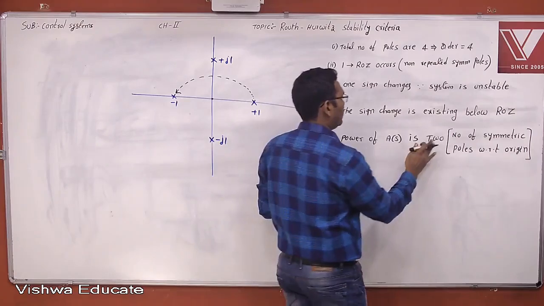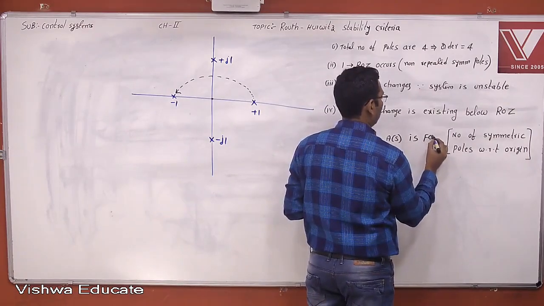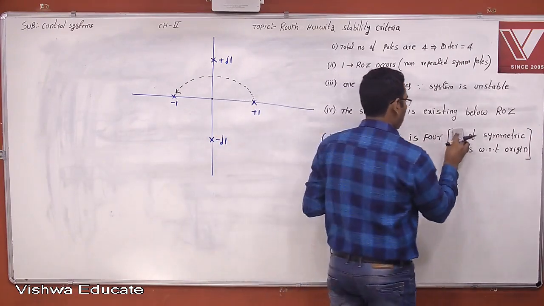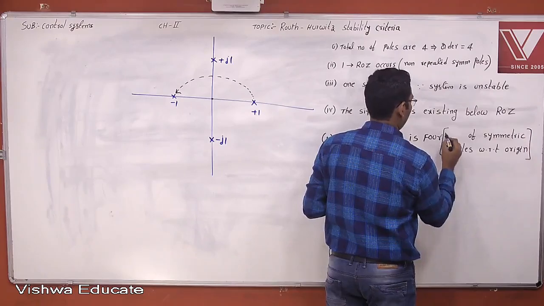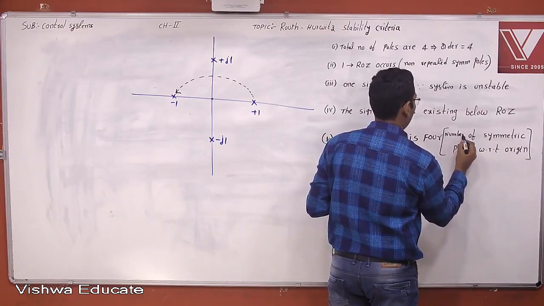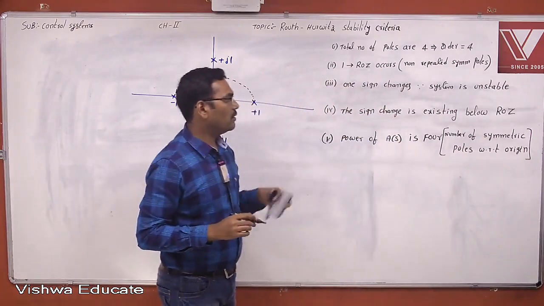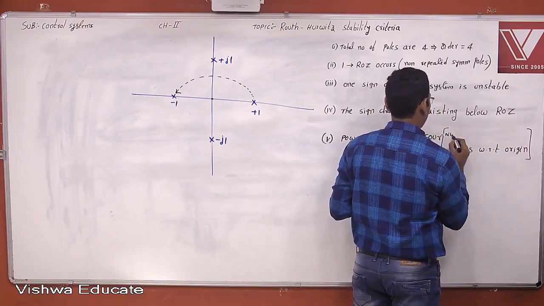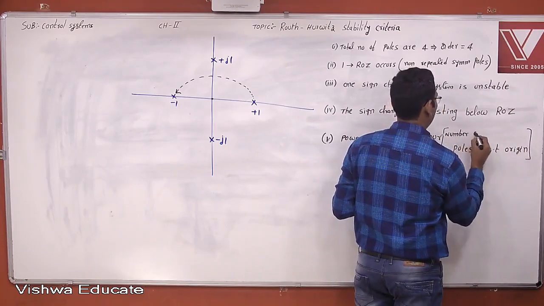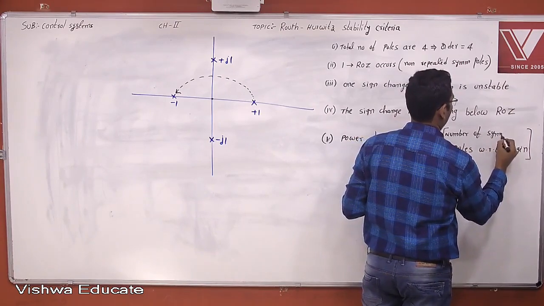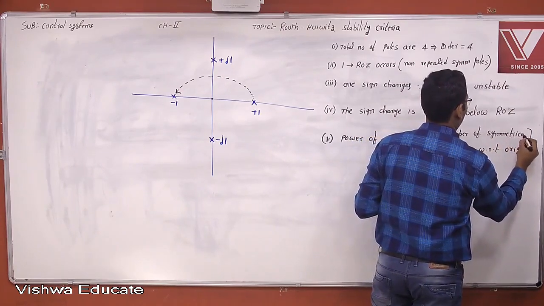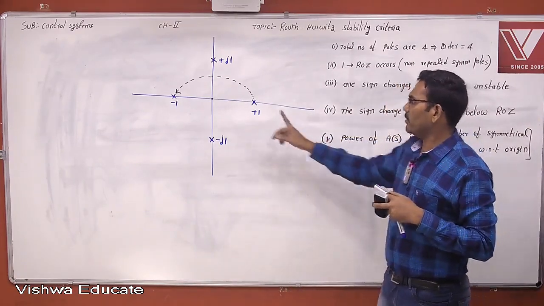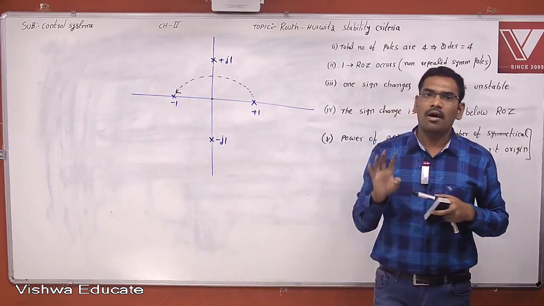Therefore, the power of the auxiliary equation here is 4. So here you write: the number of symmetrical poles with respect to origin is the power of the auxiliary equation, 1, 2, 3, 4. Therefore, the auxiliary equation power is 4.